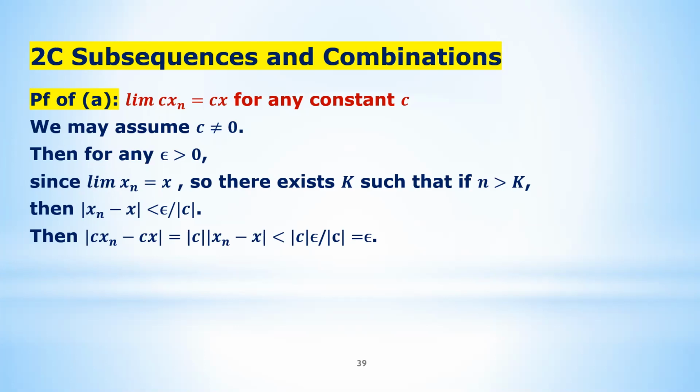That's the way to prove this. By giving an arbitrary epsilon, you want to reach the final inequality that is less than epsilon. But to get this, I need to apply the definition of limit to the original sequence with epsilon divided by c, not just epsilon. This will help us cancel the c later. Okay, so that's the proof of A, right? Any questions?